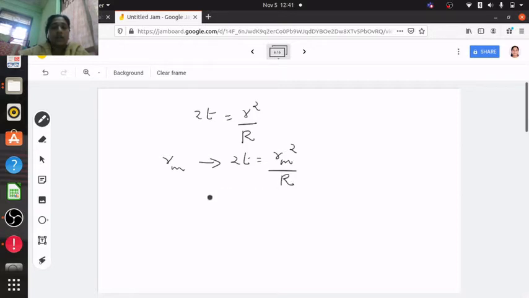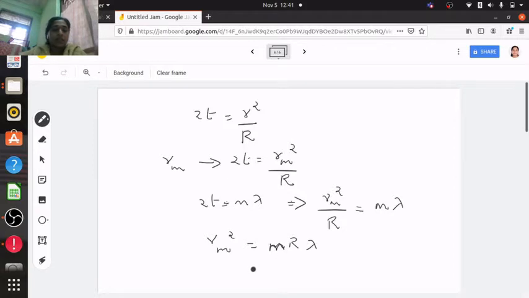For the condition for darkness, we know 2T is equal to m lambda. This implies that Rm square by capital R is equal to m lambda. Therefore, we can write Rm square is equal to m R lambda.